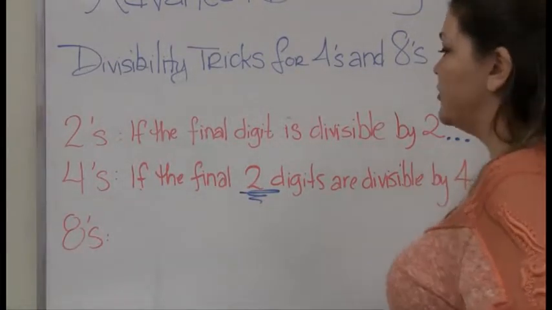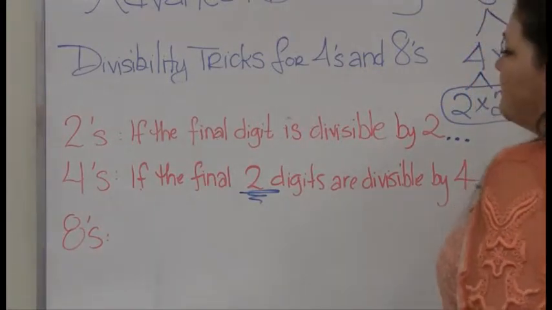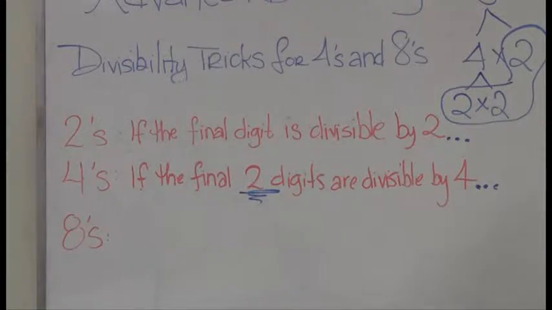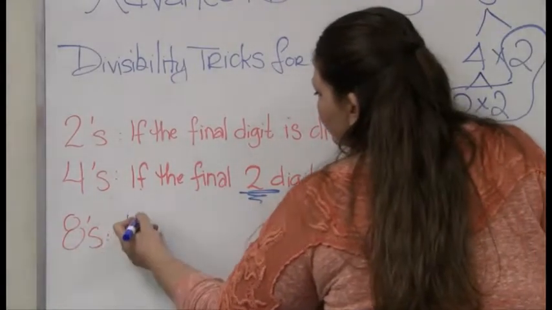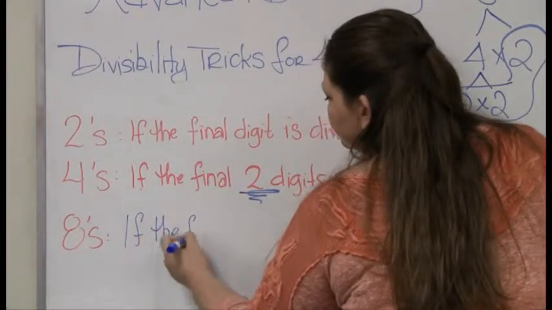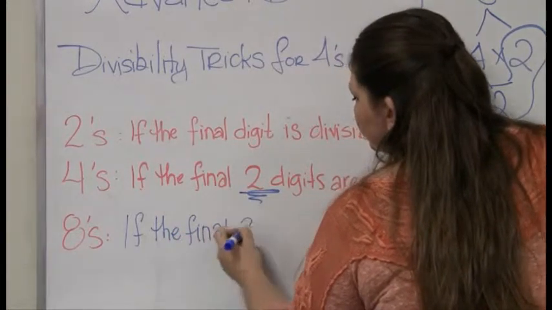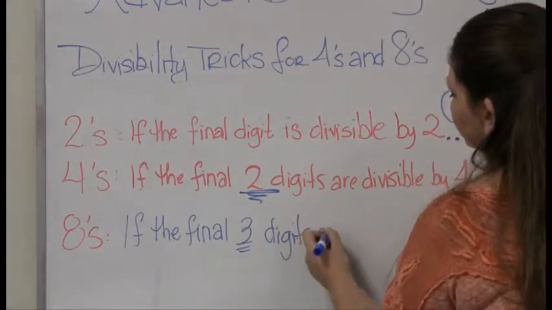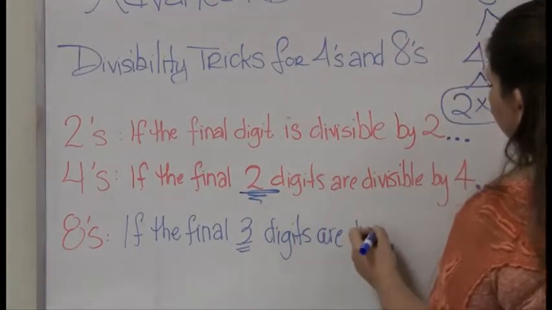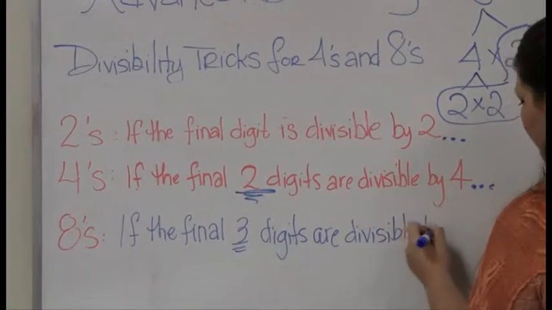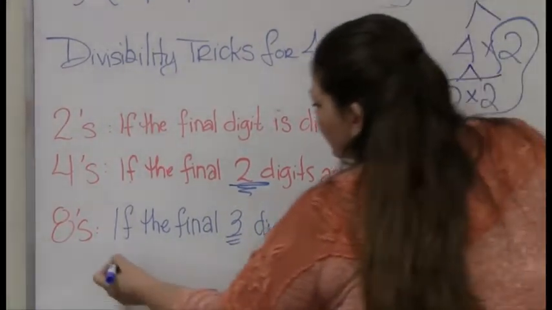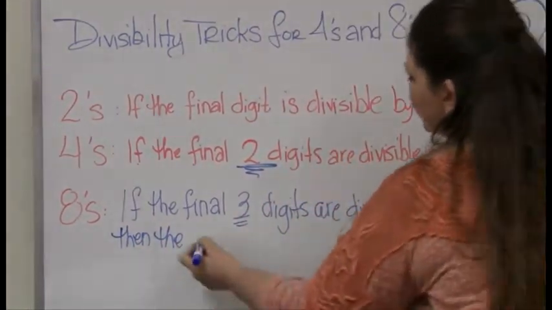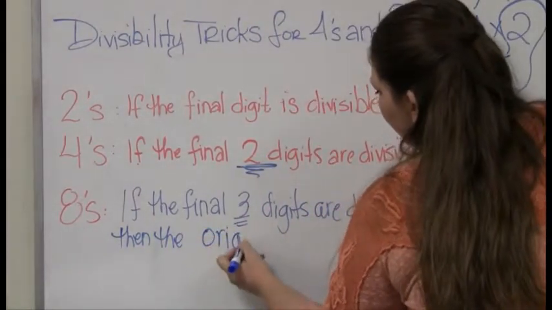So you can imagine that my 8's is going to follow the same pattern, except because it's got three 2's in it, I need 3 digits. And so the 8's rule is: if the final 3 digits are divisible by 8, then the original number is divisible by 8 as well.